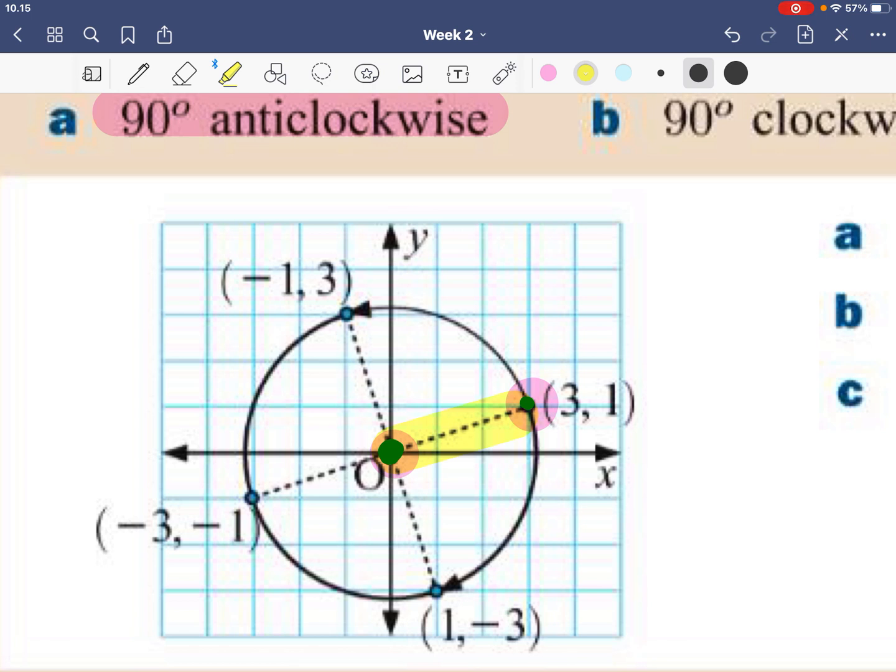What I want to do is go 90 degrees anti-clockwise. So I'm going to take this here and make a 90-degree angle anti-clockwise. So right here. And I'll end up over here.